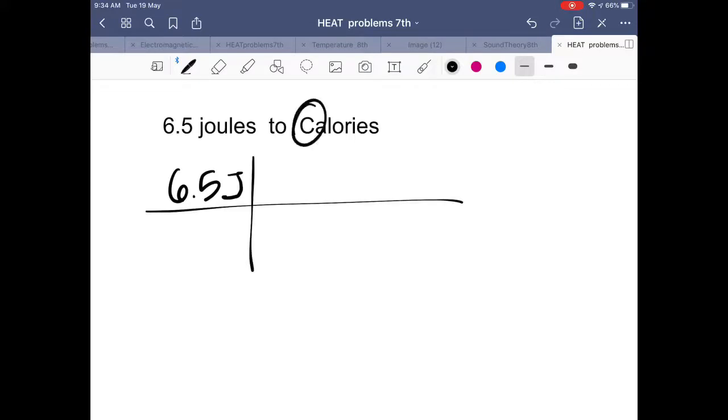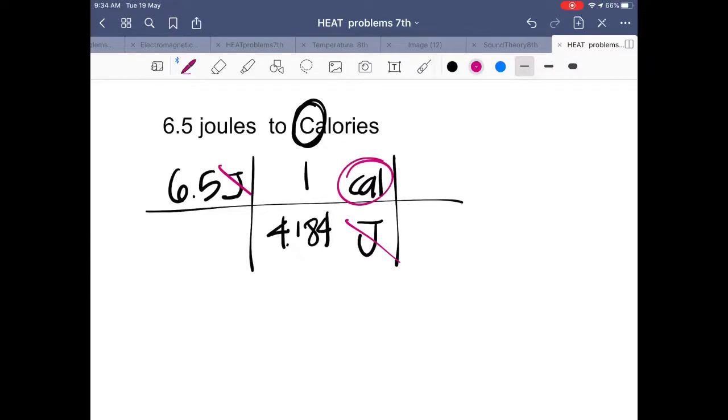Now this one, 6.5 joules to kilocalories. Let's remember that the kilocalories are those you burn when you are doing some exercise. So you put joules at the bottom, calories at the top. In 1 calorie you have 4.184 joules. You will cancel joules with joules. You have calories at the top, so you need to cancel calories here. So kilocalories at the top.